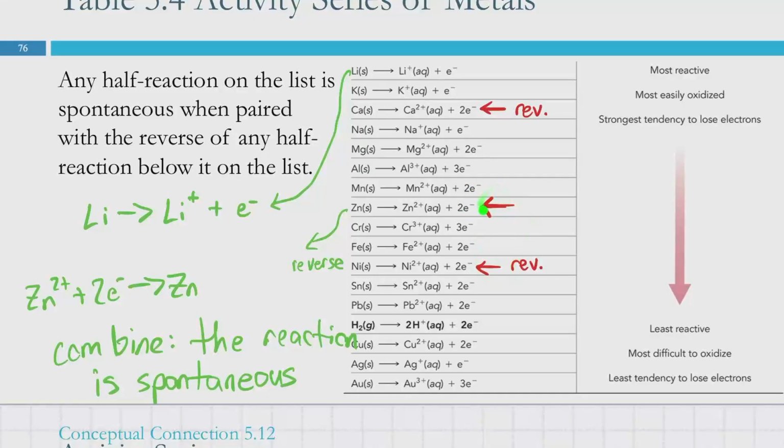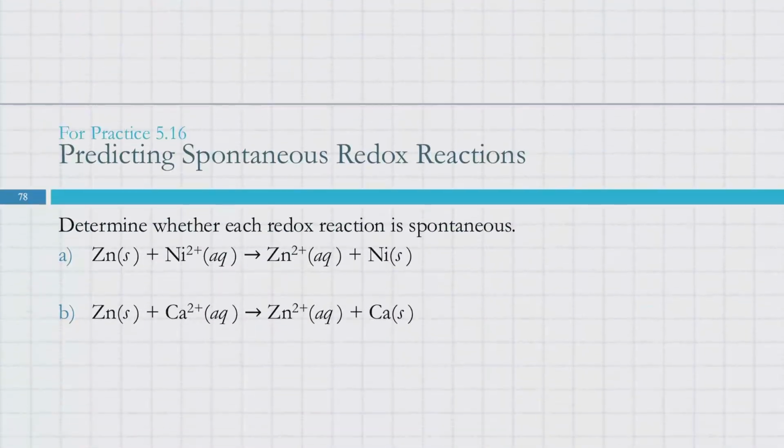Zinc and nickel or zinc and calcium? It's zinc and nickel. Nickel is below zinc, and it's flipped. Any half reaction on the list is spontaneous when it's paired with the reverse of a half reaction below it. So zinc and then the flipped version of this nickel will be spontaneous.